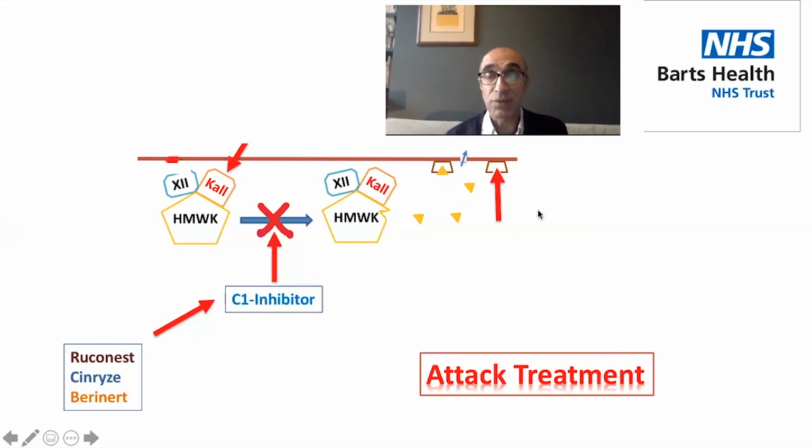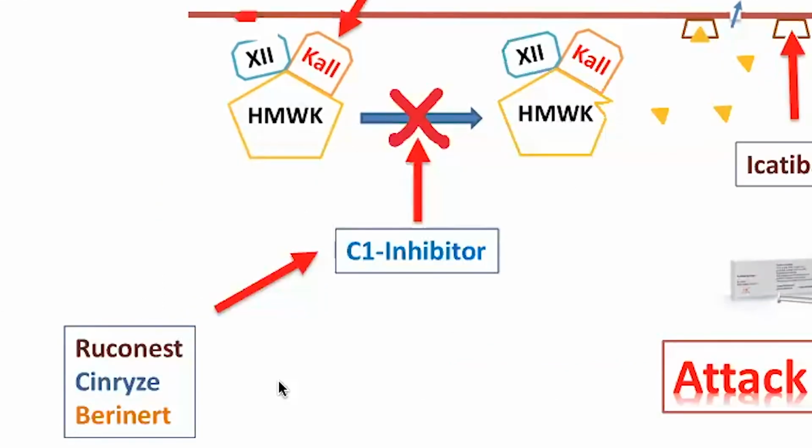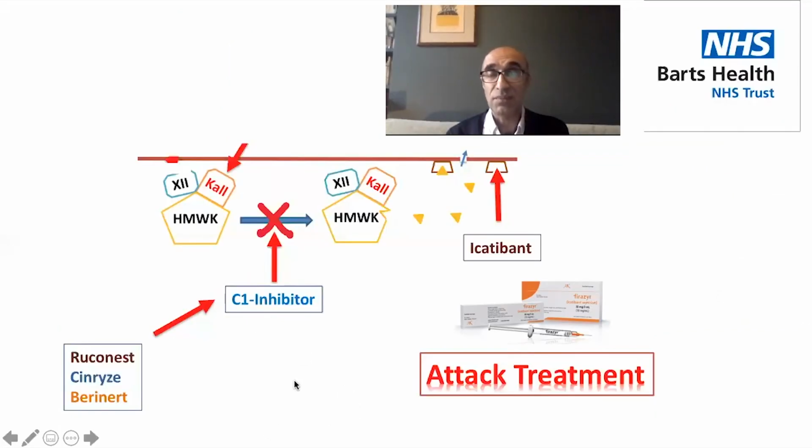This can be blocked for treatment of acute attacks, and this is done, as a lot of you might have, by a drug called icatibant, which is an injection that can be given at the time of an acute attack. The other thing is C1 inhibitor. Any of these C1 inhibitor replacement drugs can be given during an acute attack, and I think all of you should have one of these drugs at home. Some people might have both, the icatibant and C1 inhibitor, to use during their acute attacks.